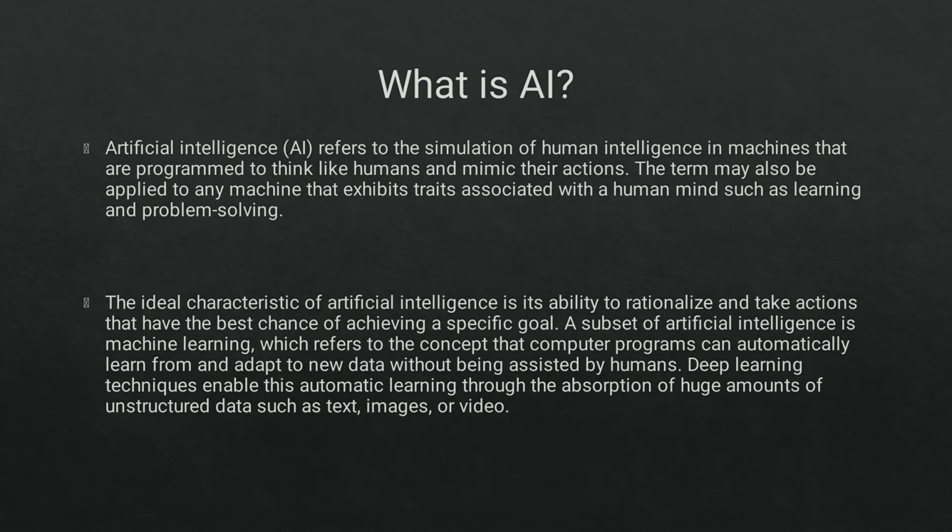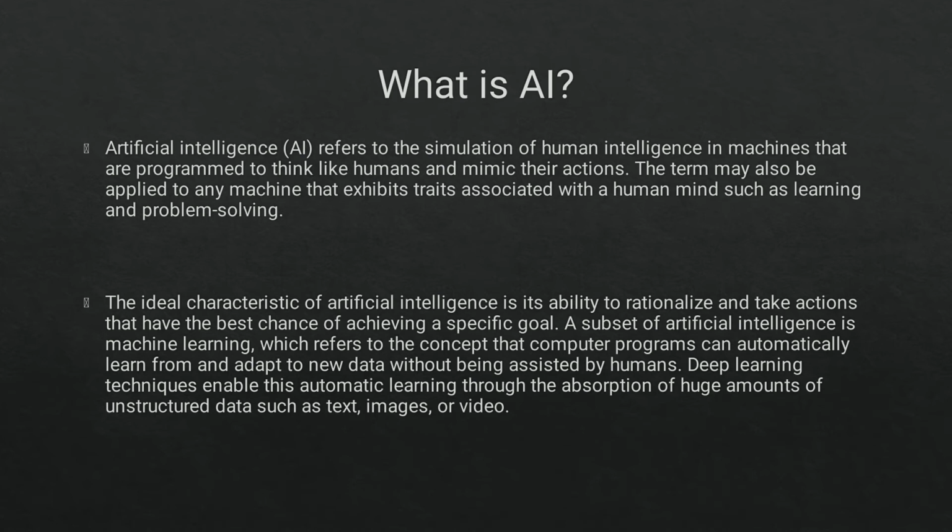The Alan Turing question, back to the question, can machines think? It is the endeavor to replicate or simulate human intelligence in machines. The ideal characteristic of artificial intelligence is the ability to rationalize and take actions that have the best chance of achieving a specific goal.